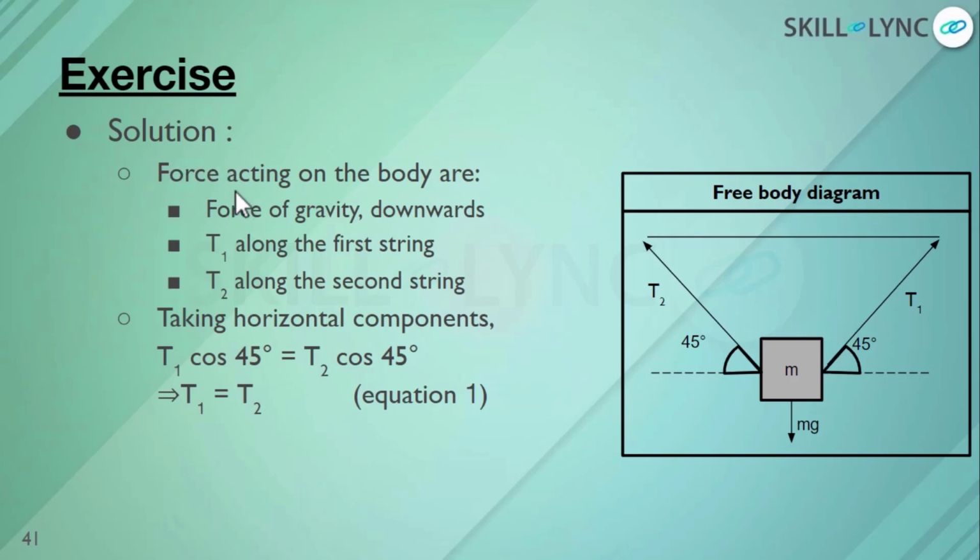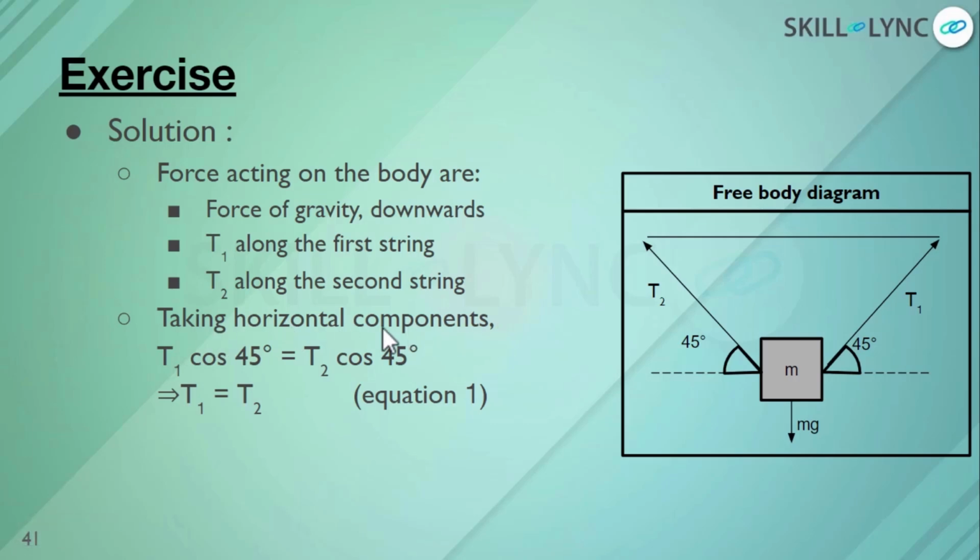Entering into the solution, the forces acting on the body are the force of gravity, acting downwards; T1, the force by string 1, the tension of string 1, which acts along the string; and T2, the tension of string 2, which acts along the second string.